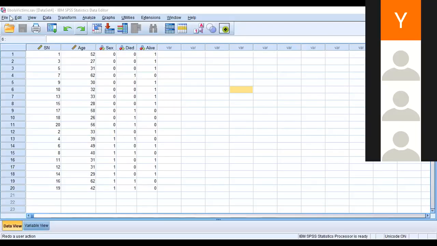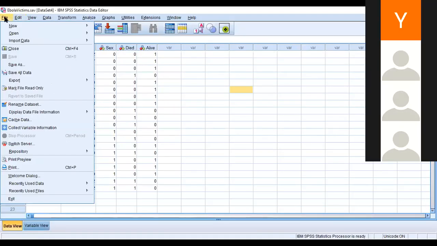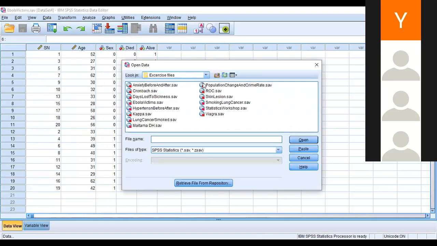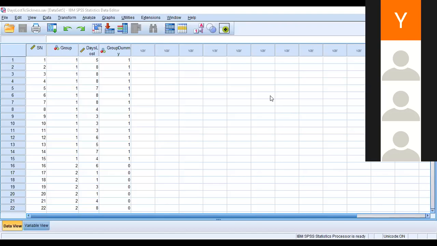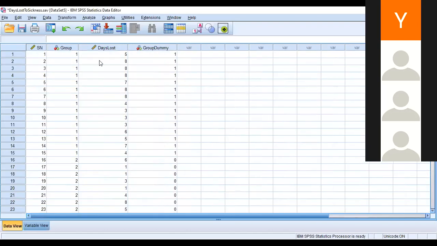Let me go and look for the days lost to sickness. Yeah. Look at it. I don't know if you have seen it. Let me share again. Have you seen it? Can you see days lost? No, I'm showing you. There are two groups.